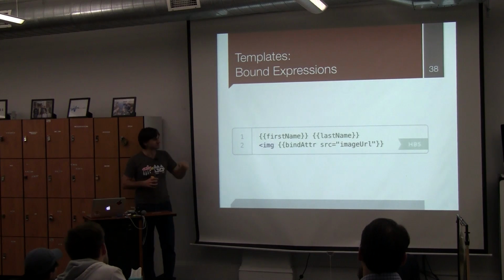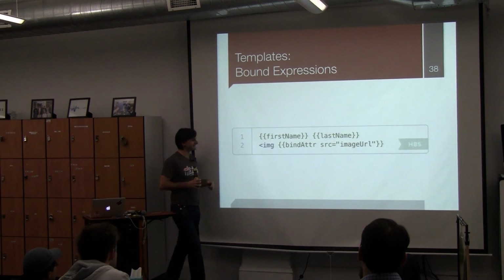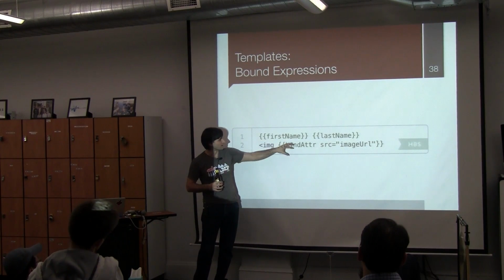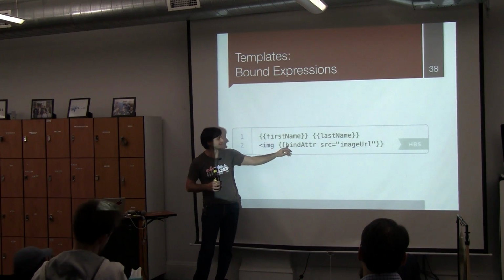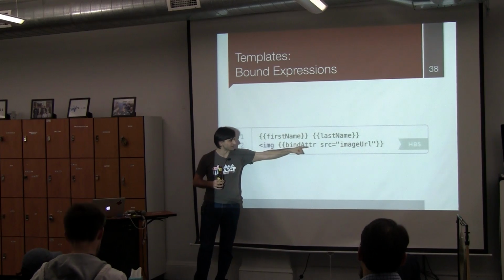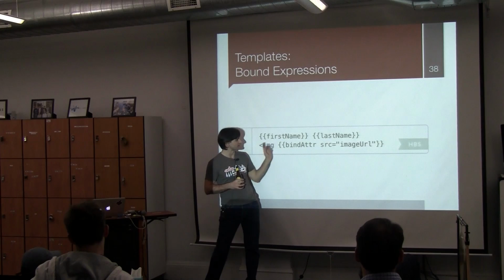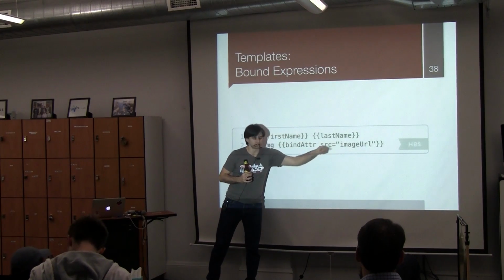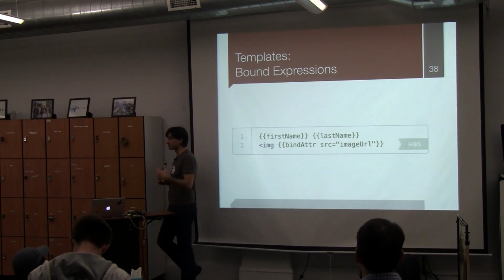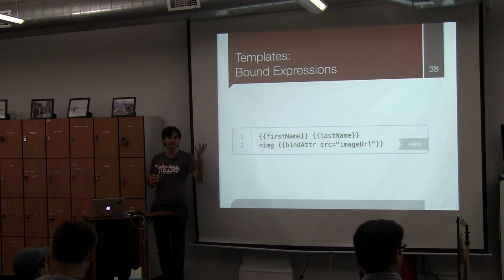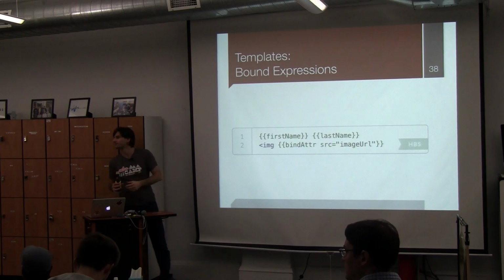There's future versions of Handlebars that may make this cleaner, but in the meantime, the syntax is where your attribute would be, you would do bind attr, and then attribute name equals property path. So this would make the src property of image the person's image URL, and again, install an observer for you. Anytime it changes, update that src property, and your image would update. Question?